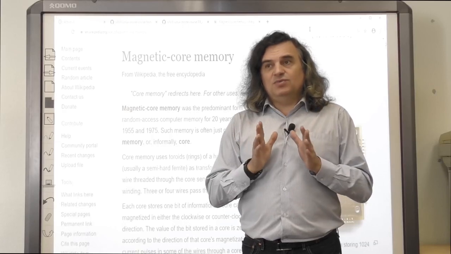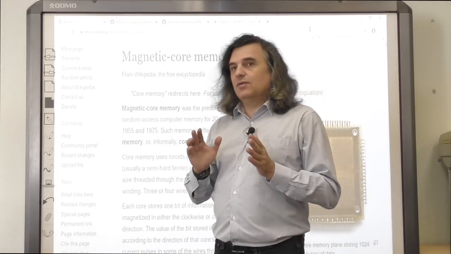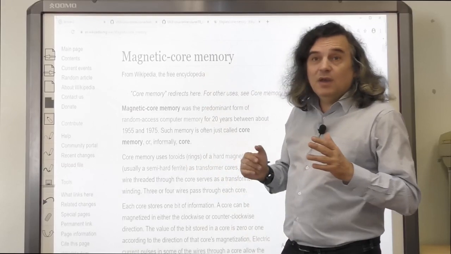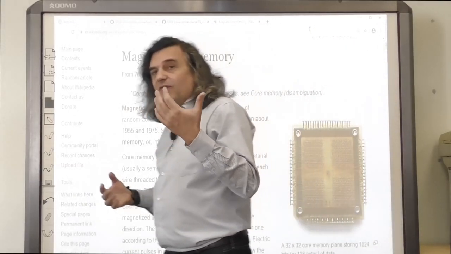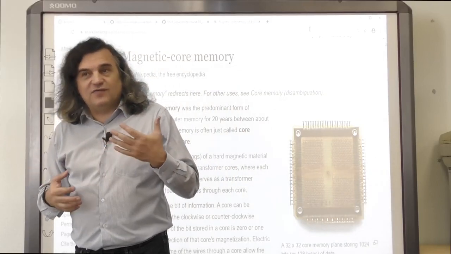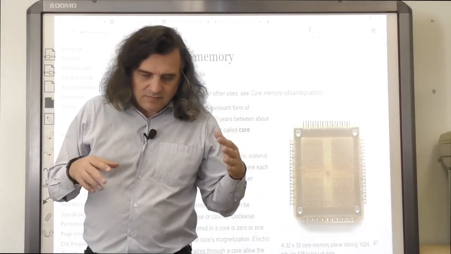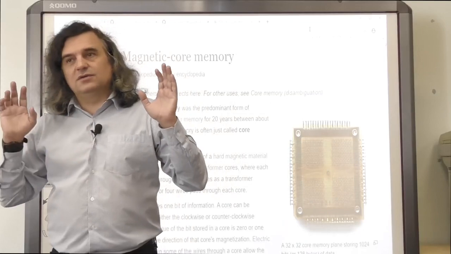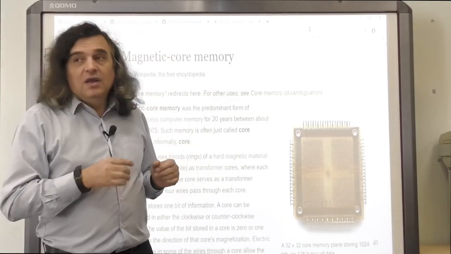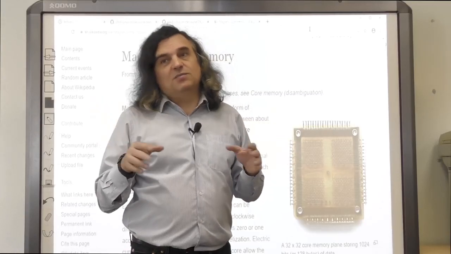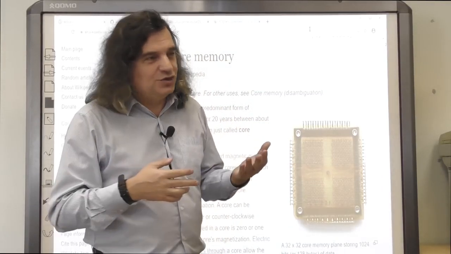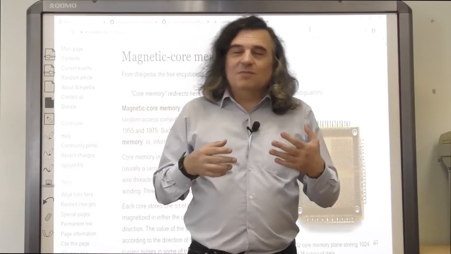The name comes from the magnetic core memory, the principal form of random access memory from the 50s to the 70s. The name has remained long after the magnetic core technology became obsolete.